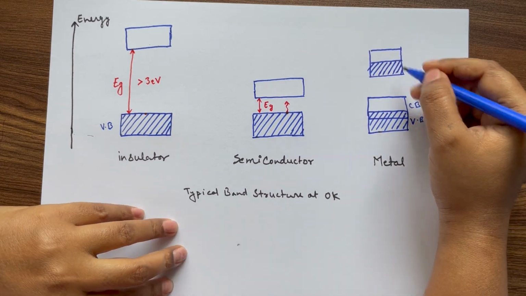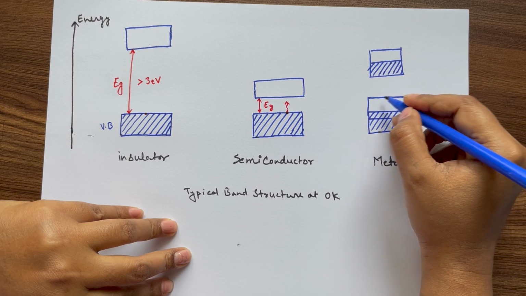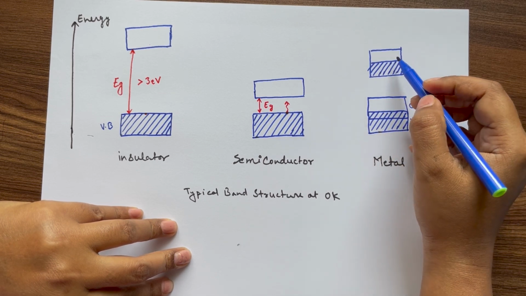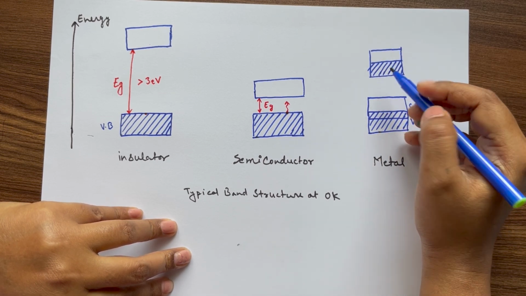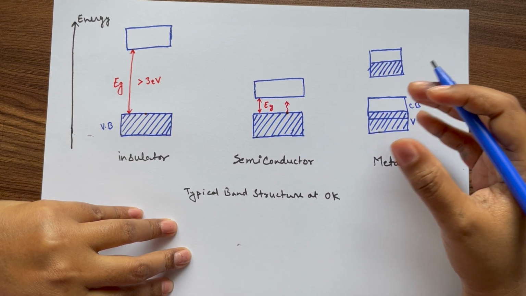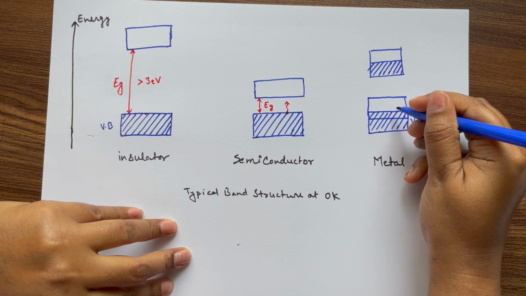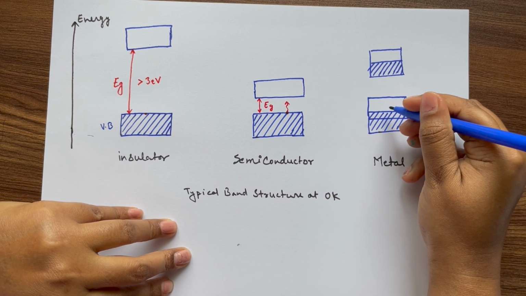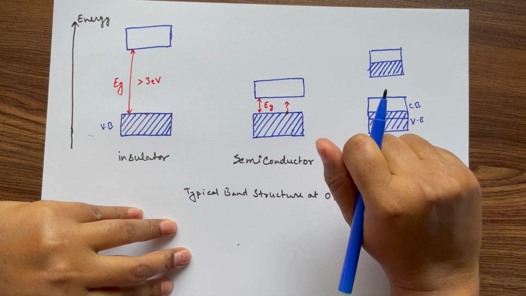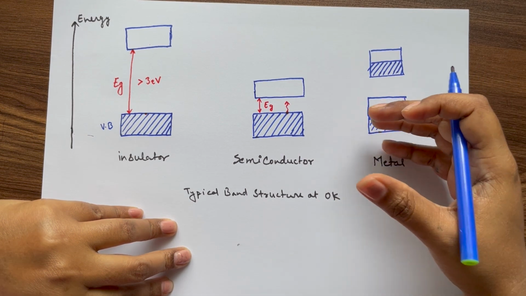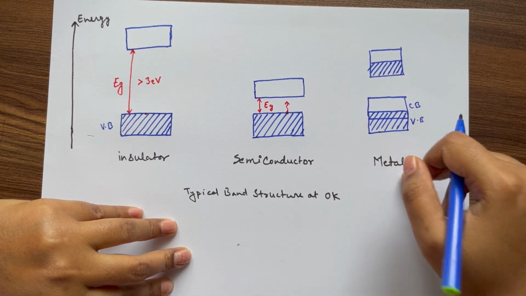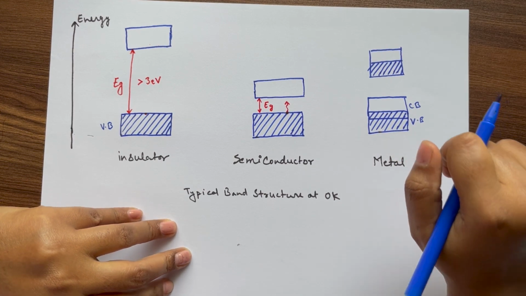Both these conditions are possible for metal. Either the bands overlap or they are only partially filled. So the electrons and the empty energy states are intermixed within the band so that electrons can move freely under the influence of the electric field. And that is why the electrical conductivity is very high in the case of metals.